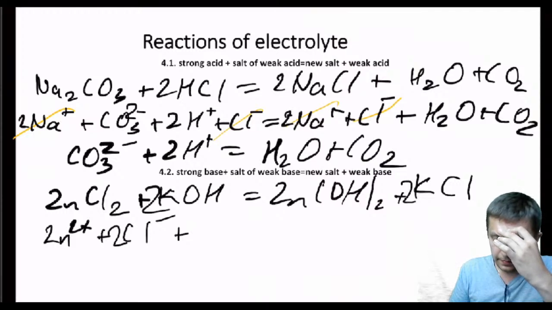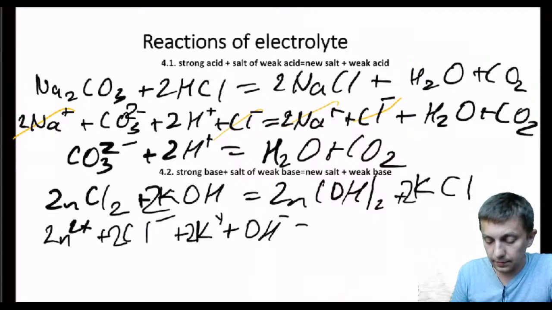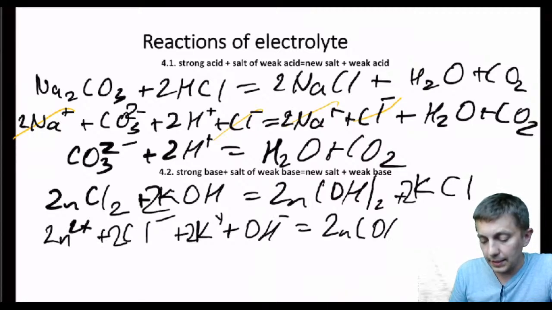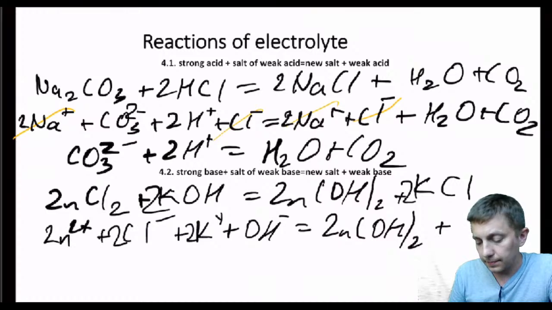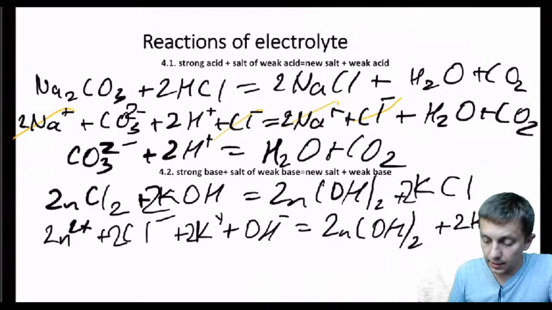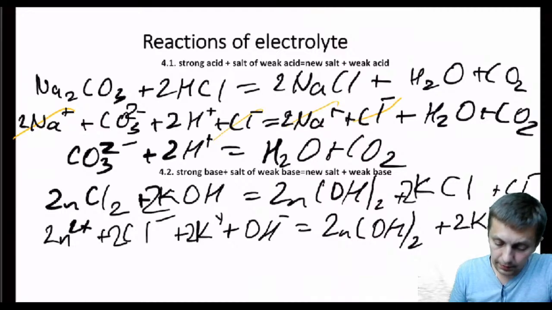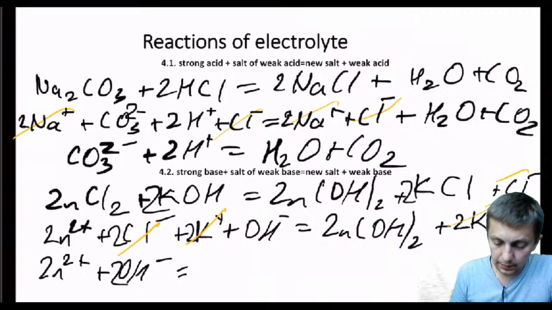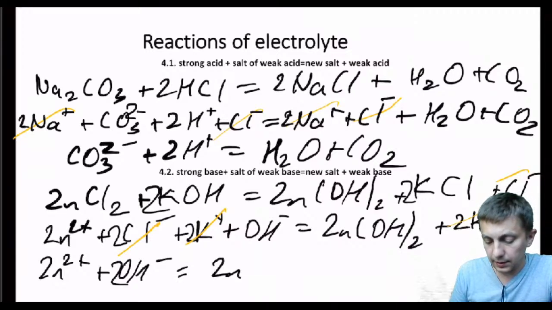Zinc chloride is a soluble salt. Weak bases do not dissociate. Weak acids do not dissociate. And if we cross out and simplify, Zn2+ plus OH minus gives zinc hydroxide.